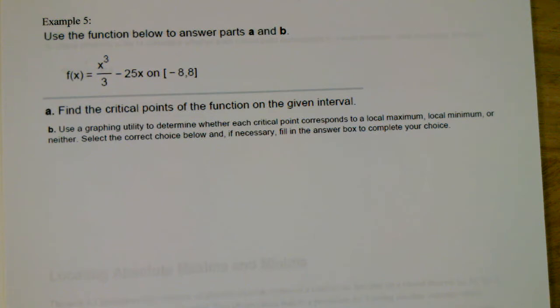Here I want to find the critical points of the function on that given interval, and then we want to use the graphing utility to determine whether each critical point corresponds to a local maximum, local minimum, or neither. And in the homework, you'll be able to choose a graph, and if necessary, fill in the answer box to complete your choice.